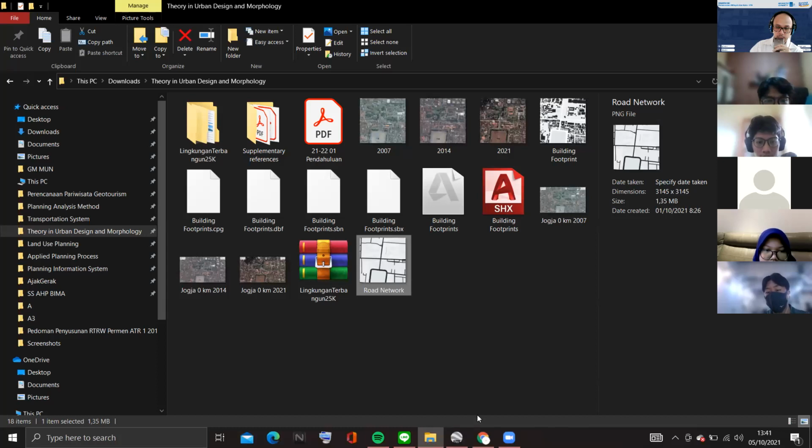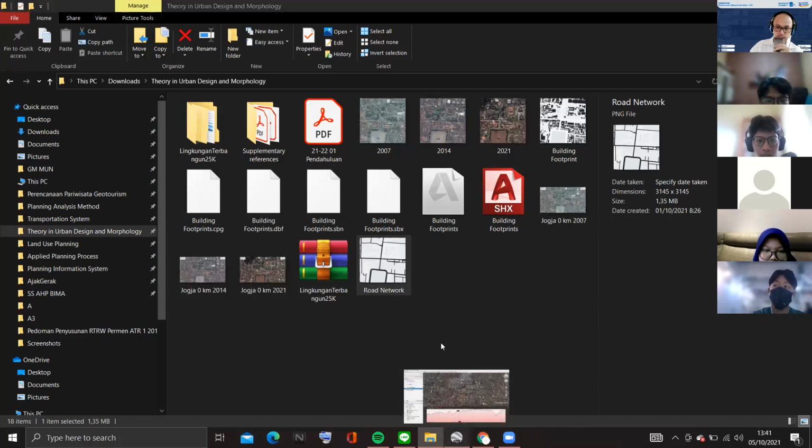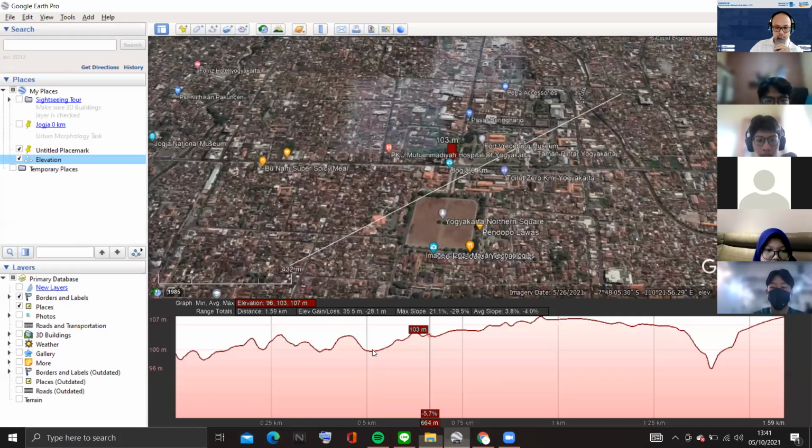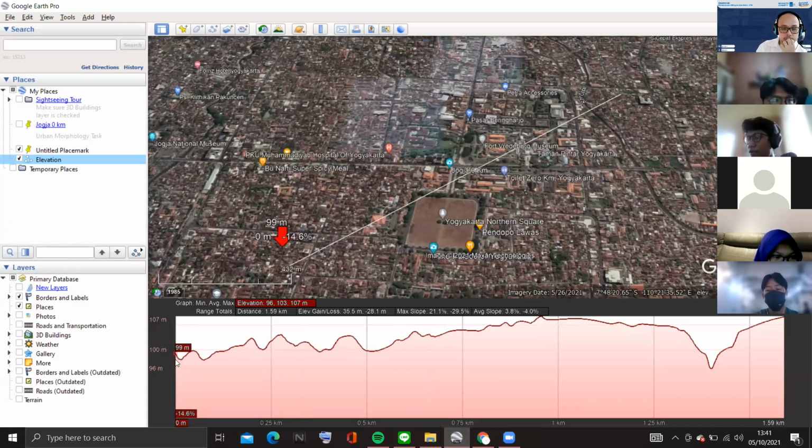And about the topography, I have tried to identify the topography of this area.